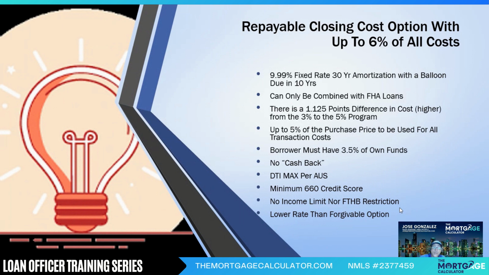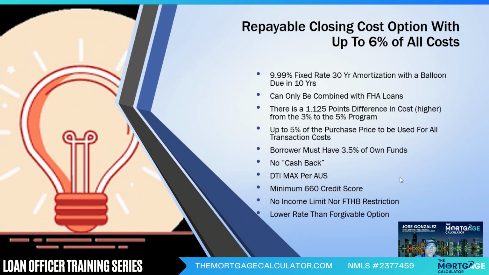Maybe, now I take a step back, not no money, because this program does require 3.5% of the borrower's own funds, right? So 3.5% of the borrower's own funds here. No cash back. Again, max DTI per AUS, 660 minimum credit score, no income nor first time home buyer restrictions, and the rate is still lower than the forgivable option.